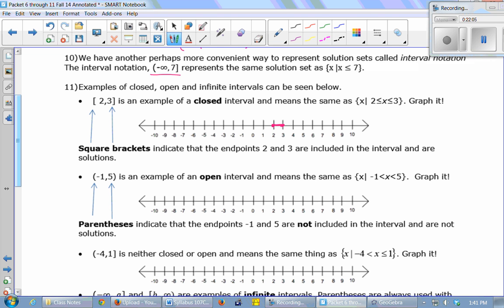-1, 5 with parentheses rather than square brackets means all the x's between -1 and 5, not including the -1 or the 5. So I put an open circle, shade. Or alternatively, some people would put parentheses, shade.